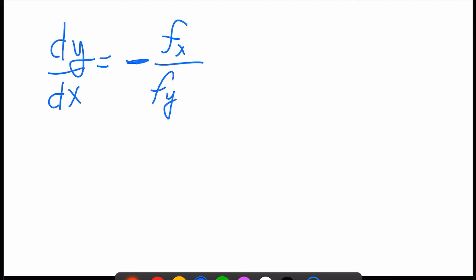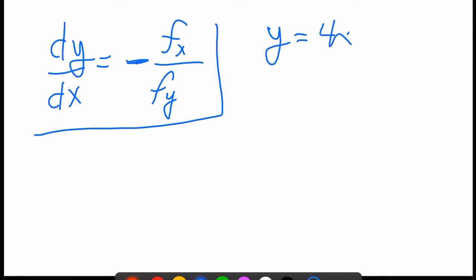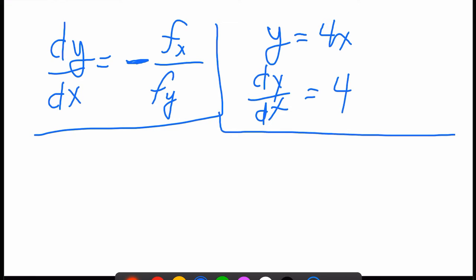So let's go back. Y equals 4x. dy dx equals 4, yes? We all know that? Okay. Y minus 4x equals 0. Same equation, yes? But now let's use that baby.